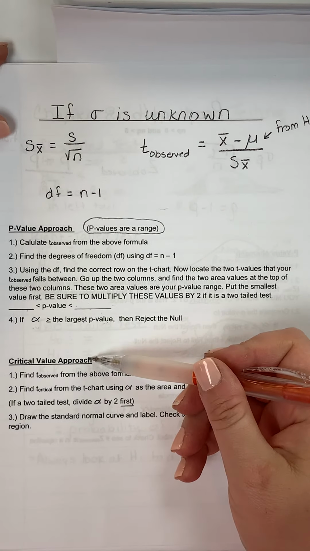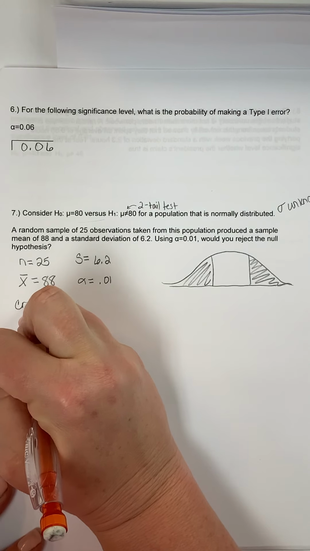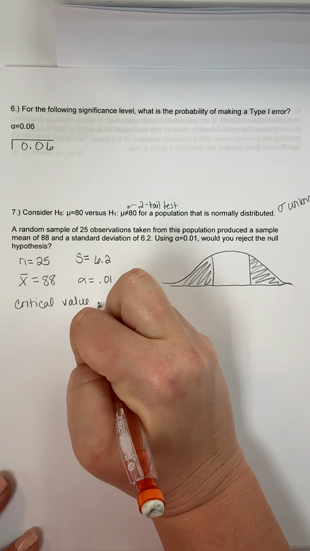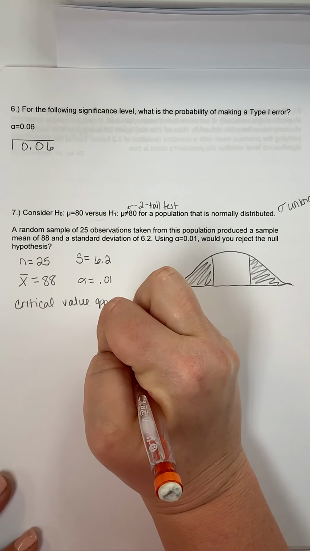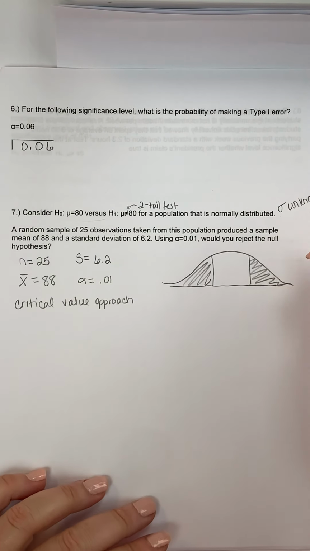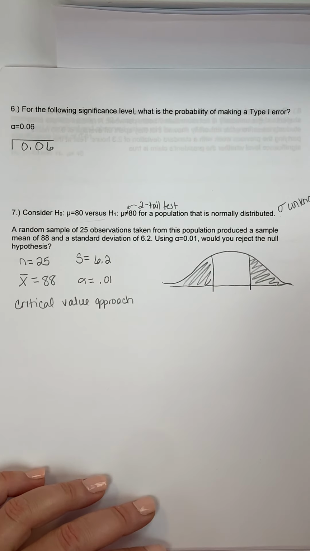Well, we said we're going to go critical value approach. And again, I'm only doing that because I get to choose, and because I know I'm going to have a lot of p-value practice coming up. Since I'm doing critical value, I'm going to make some regions. I'm going to have two critical values here, a negative and a positive.